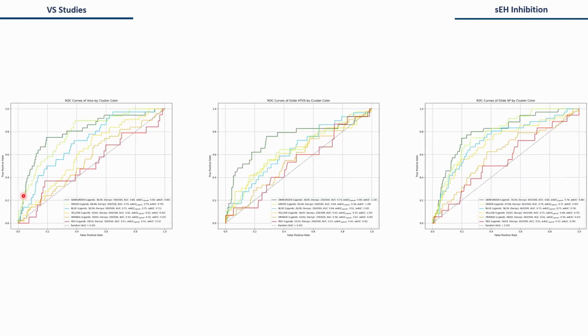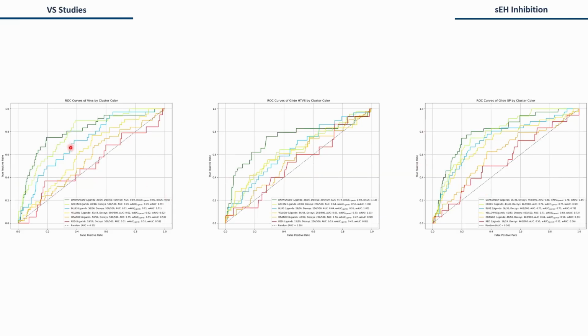Here you see the scoring performances of all of these solutions that we discussed here. So on the left, you see the ROC curves of Vina, and in the middle, you see the ROC curves of HTVS, and on the right, you see the ROC curves of Glide. So here, the dark greens are the most potent ones, and the red ones are the most inactive ones in our data.